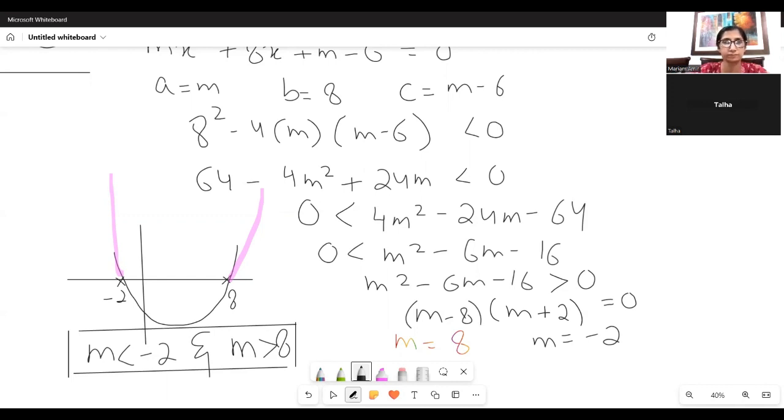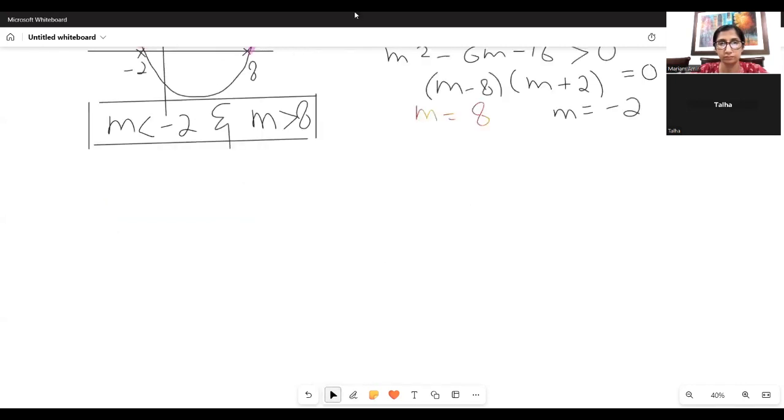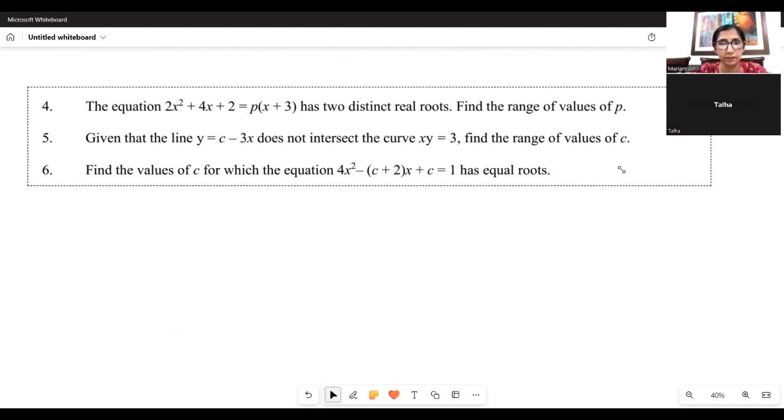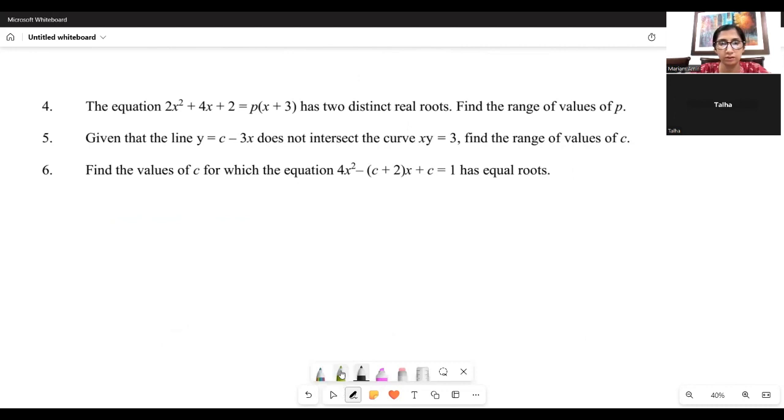Question number 4. Question 4 is: the equation 2x square plus 4x plus 2 equals p times x plus 3 has two distinct real roots.